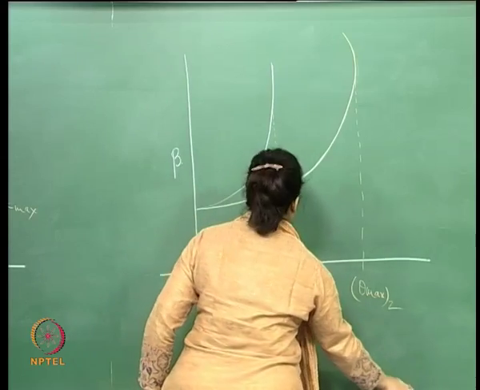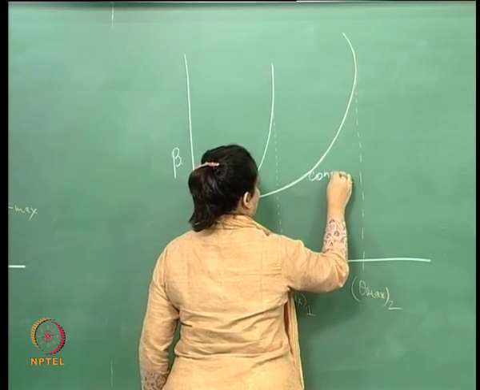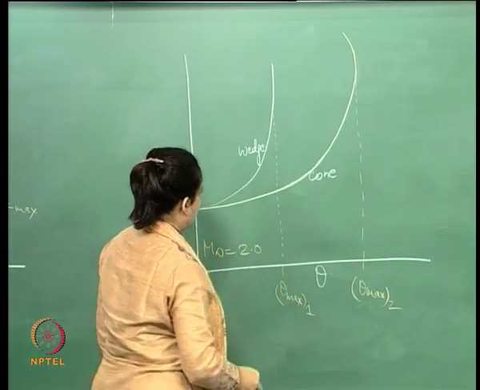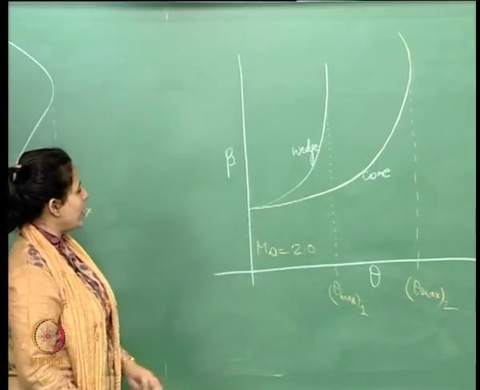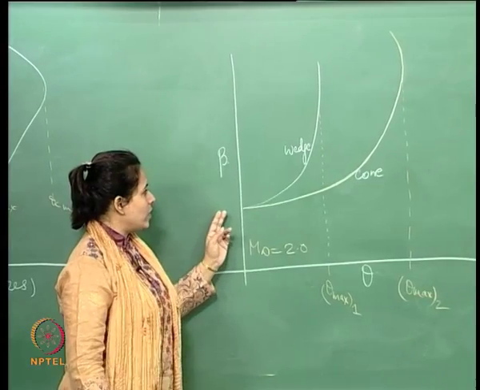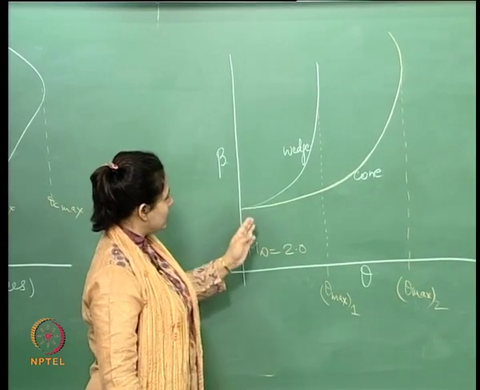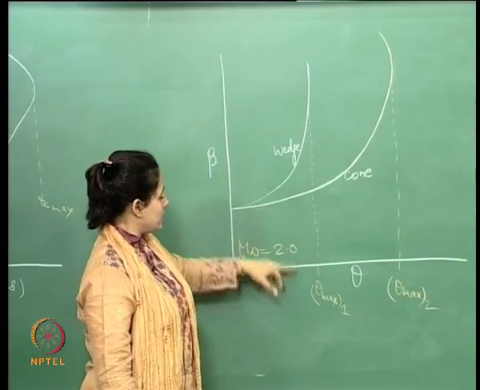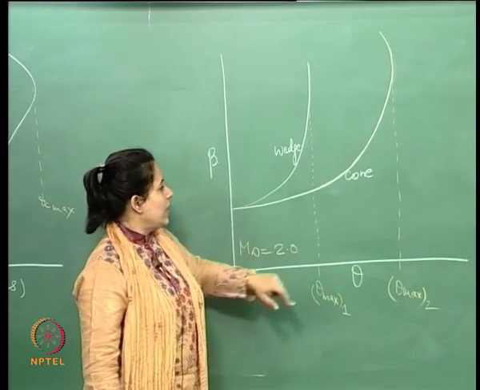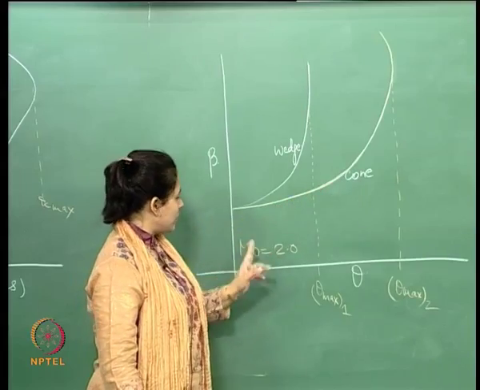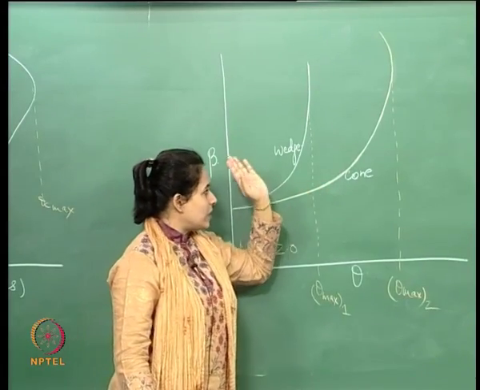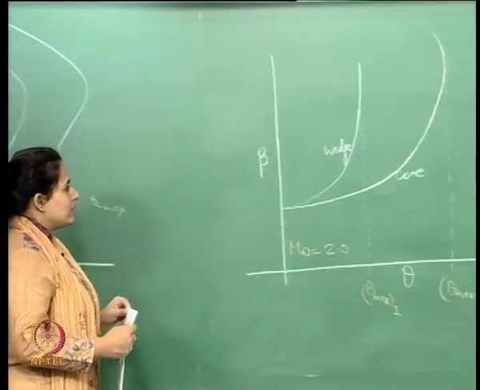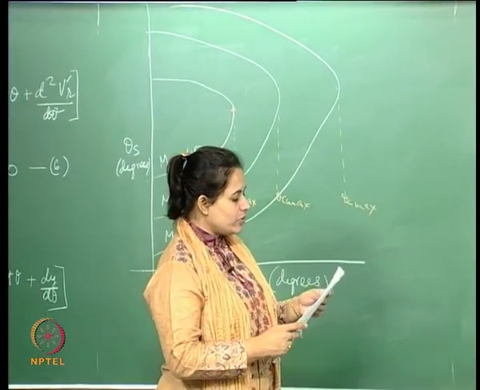So essentially, what we're saying here is that this is the cone, and this is the 2D wedge. Okay, so therefore, for the wedge at Mach number 2, the shock is going to detach at theta max 1. Okay, and for the cone, for the same Mach number, the shock is going to detach at a larger theta max, which is theta max 2.